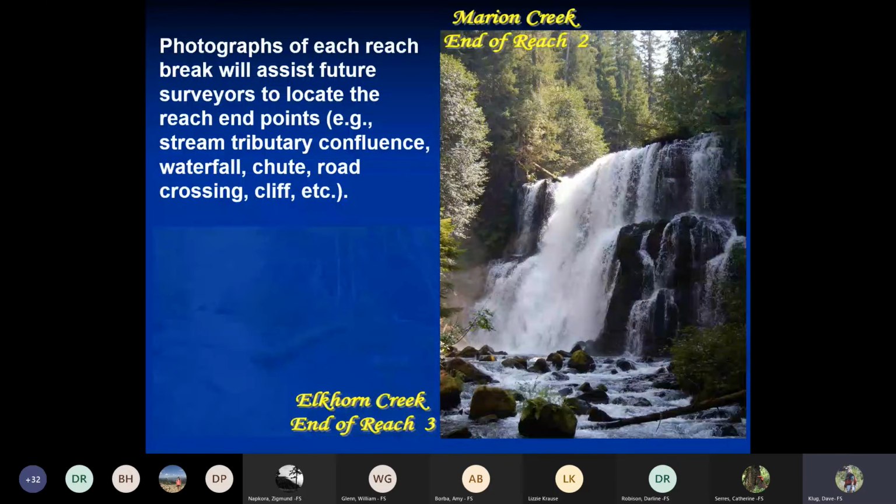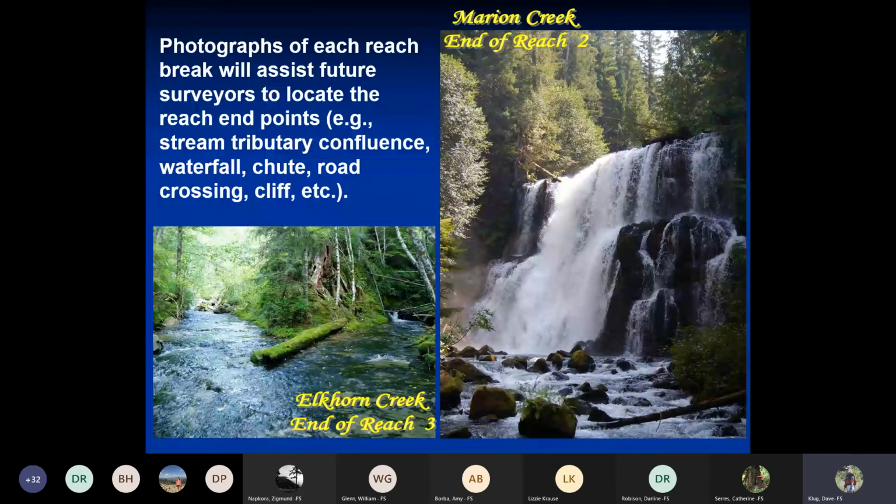Photographs are really important because a surveyor in the future can take that photograph and find that same place and identify it. Tributaries are great places for breaks, of course, because you often have more than 20% of the flow coming out of a tributary. So you want to take a photo of that tributary as well as the main stem.